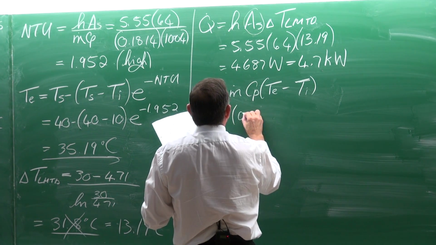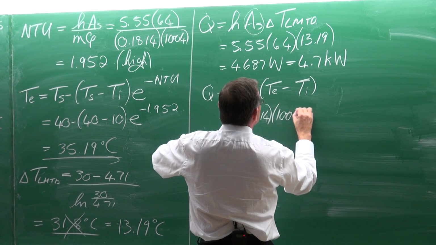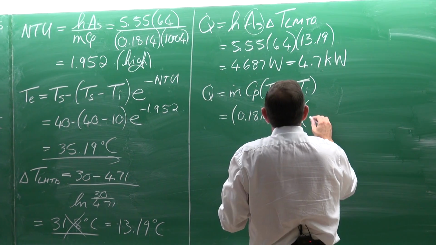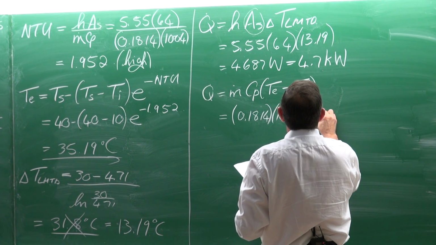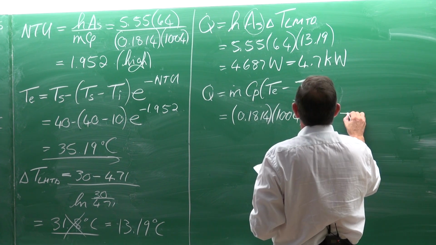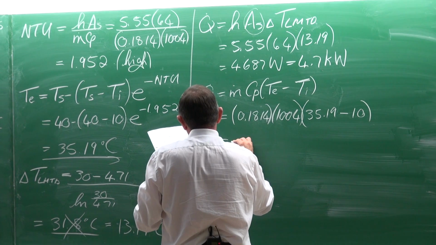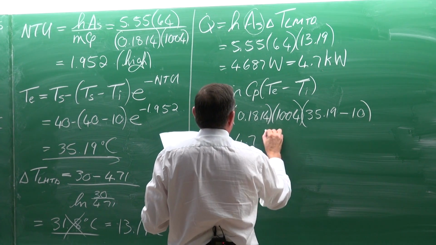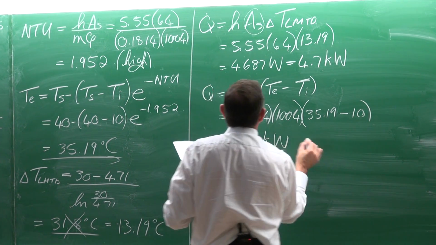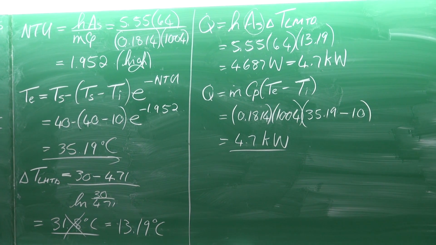The mass flow rate is equal to 0.1814. The Cp is equal to 1004. Outlet temperature is equal to 35.19, minus the inlet temperature of 10. And fortunately, we get exactly the same answer, 4.7 kilowatts. So that is just to check if your calculations are correct.